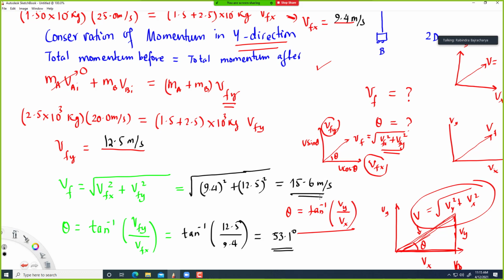Okay, so that's the velocity and direction of the combined mass of the two cars after collision. So they collide and then they move at 15.6 meters per second, 53 degrees from the x direction.